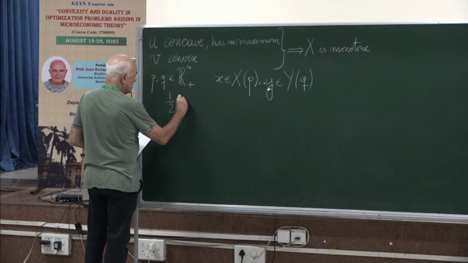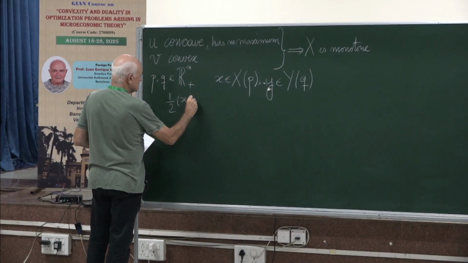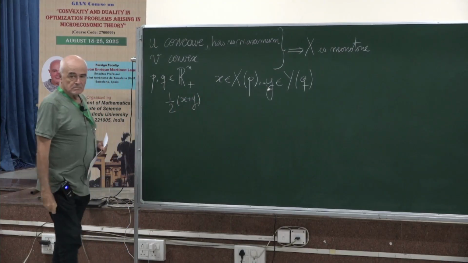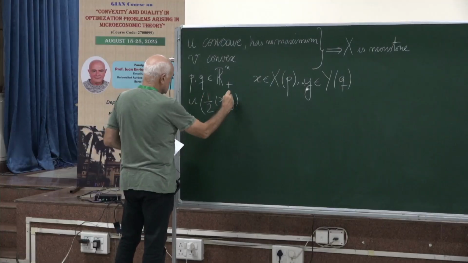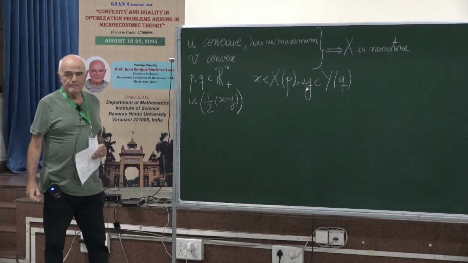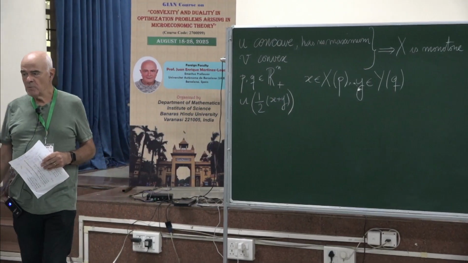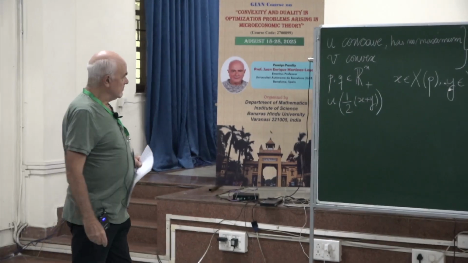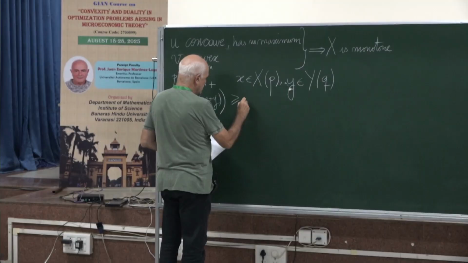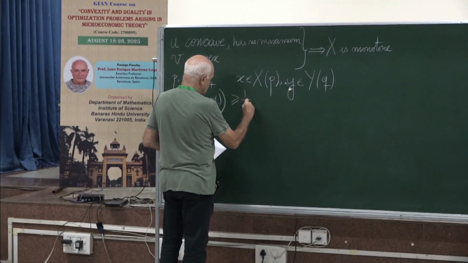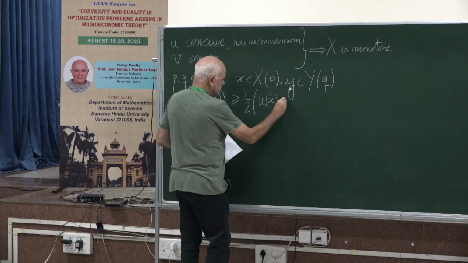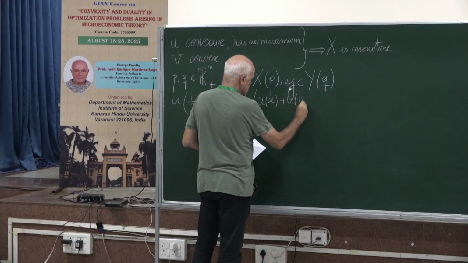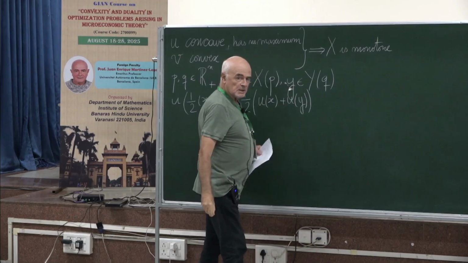And then I consider 1/2 (X plus Y) and I take U of it. Since we are assuming that U is concave, this is greater than or equal to 1/2 (U of X plus U of Y).